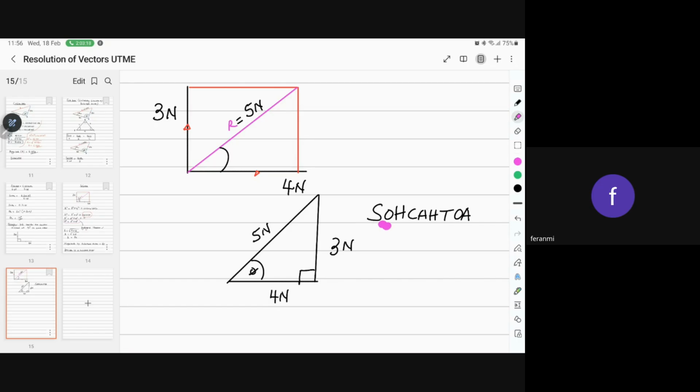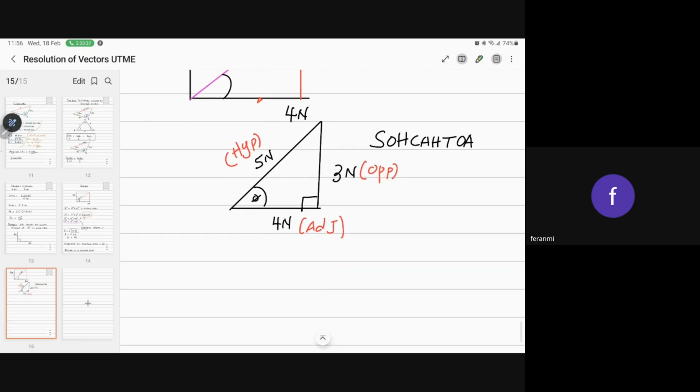Sokatua says that sine theta is what? Which one is your opposite? This is your opposite, right? This is our opposite. This is our hypotenuse. This is our adjacent. I'm looking for this angle.